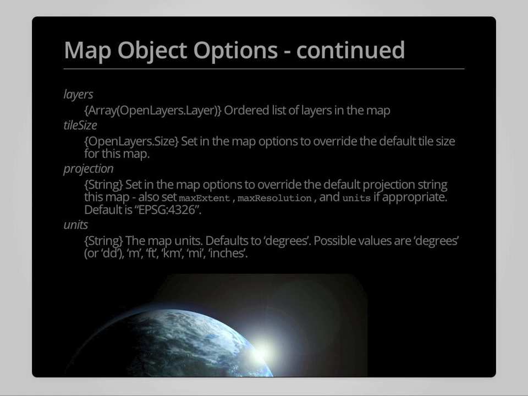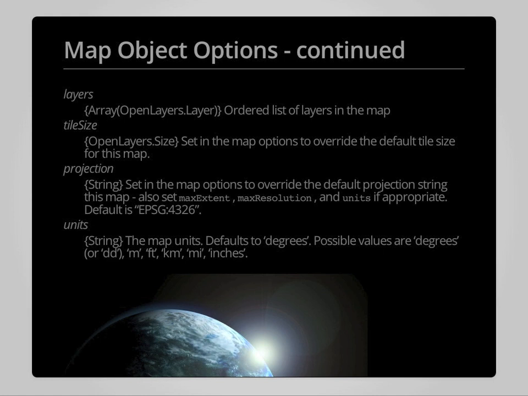You can specify within the map object itself the layers that are a part of it, or as we've seen in the example so far, we can add those layers iteratively. But if those layer objects have already been created, you can specify them as a list of OpenLayers layer objects that you can specify as an option for the map object.